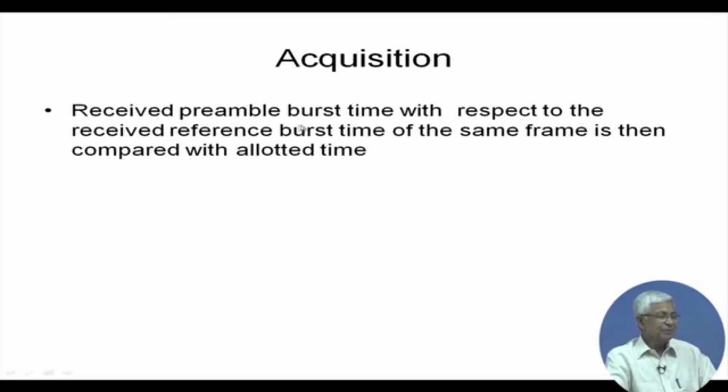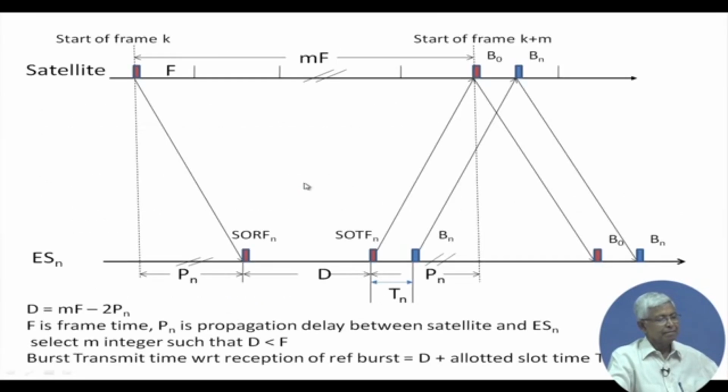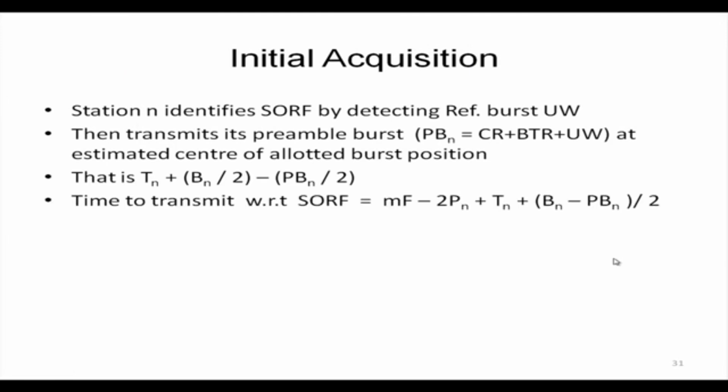Now, the received preamble burst time with respect to the received reference burst time of the same frame is compared with the allotted time. You transmit and then receive, and you find this difference of time.